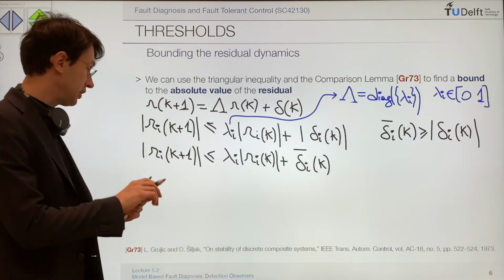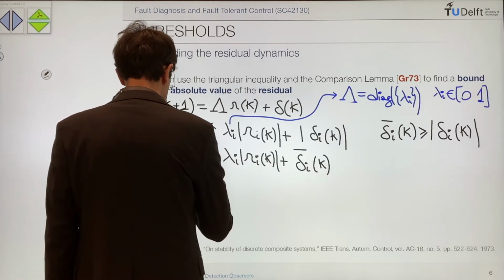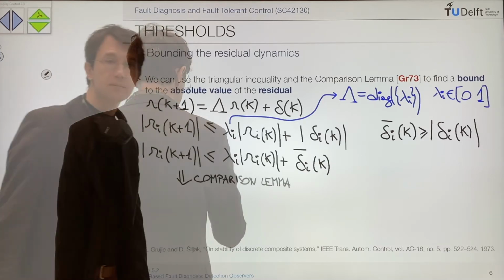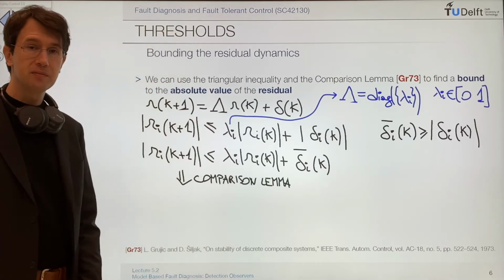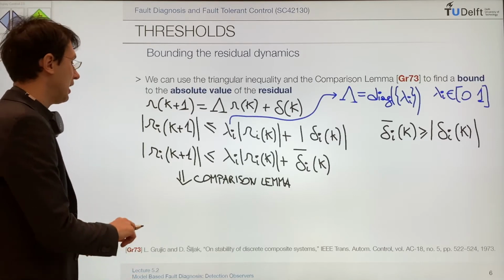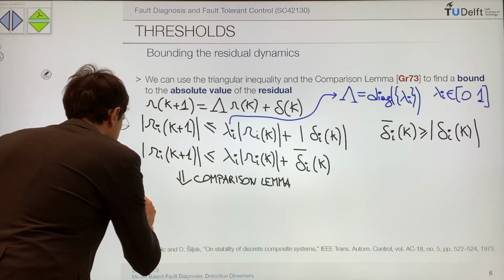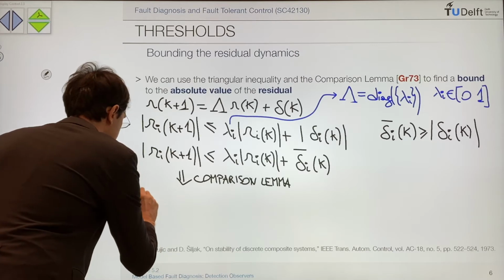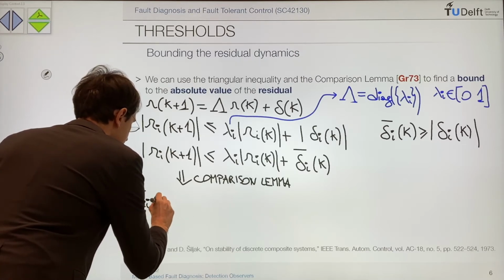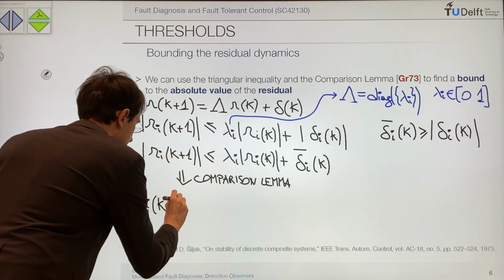Now we are going to use the comparison lemma to further bound this. And we introduce a new quantity that we called R over bar, index I. This is going to be our threshold.